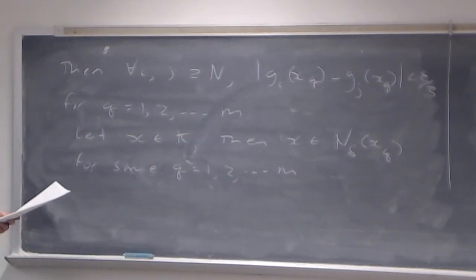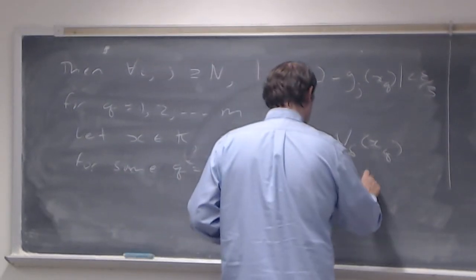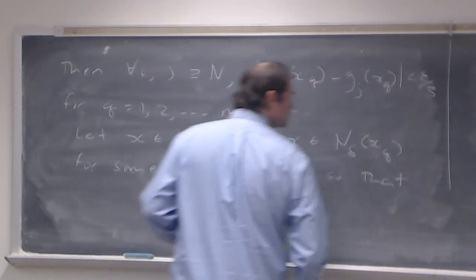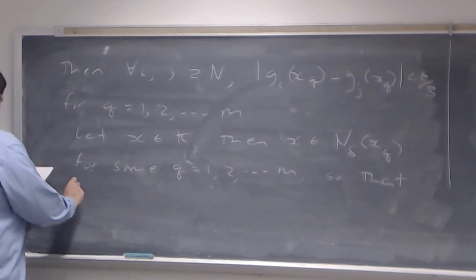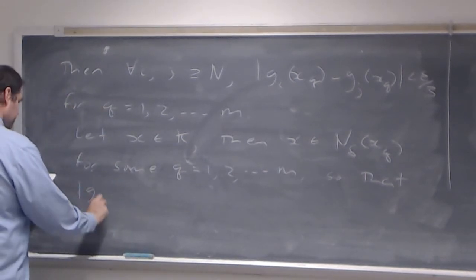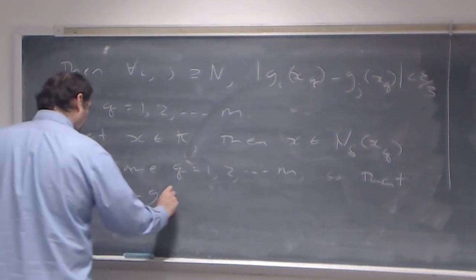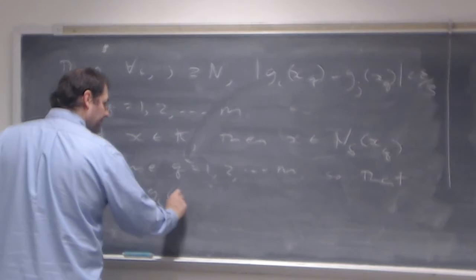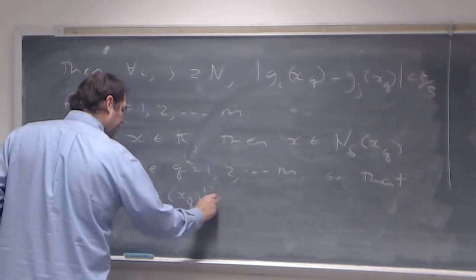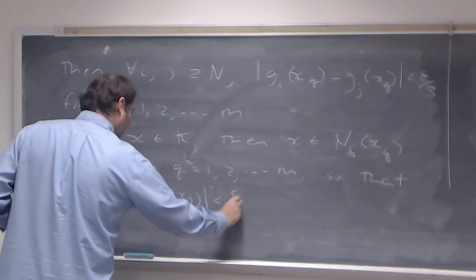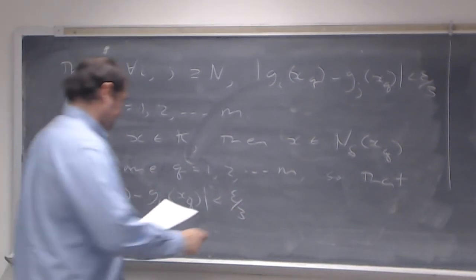So the absolute value of g sub i of x minus g sub i of x sub q will be less than epsilon over 3, and this is due to the equicontinuity of the g's.